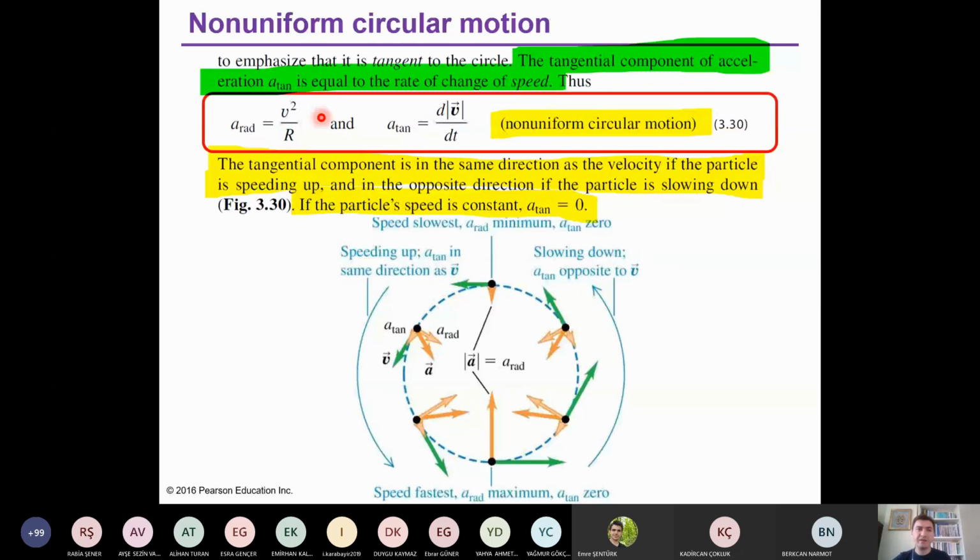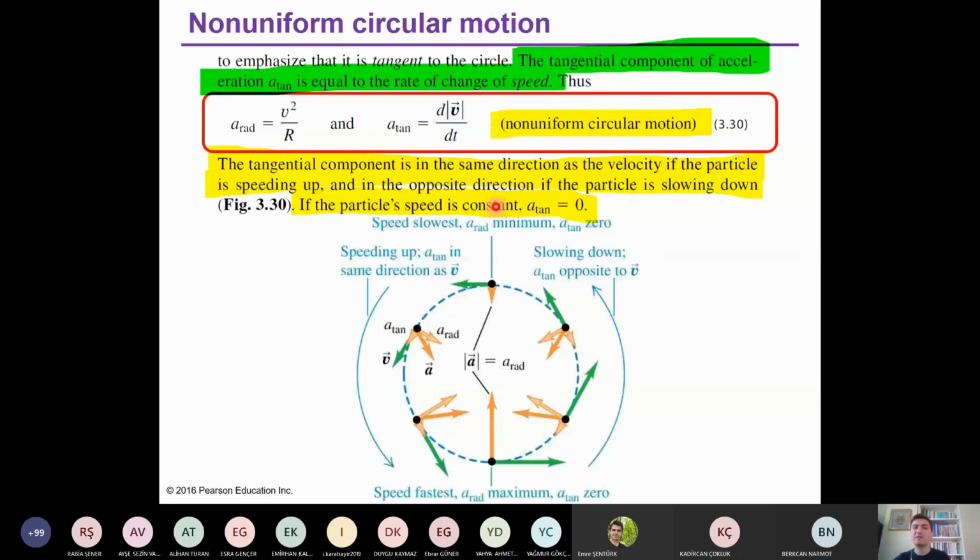Then let me discuss the components of acceleration. So here we have the radial component of the acceleration. The radial component of the acceleration is given by v square over r. We have already calculated this one. What about the tangential component of the acceleration? It is given by the derivative of the magnitude of velocity over dt. So here we have velocity. You have to take the time derivative of its magnitude.